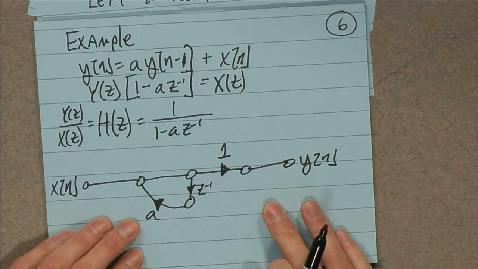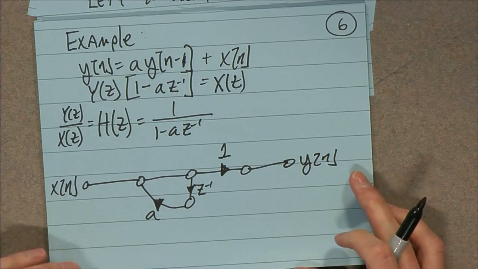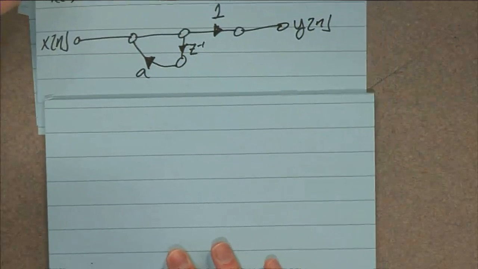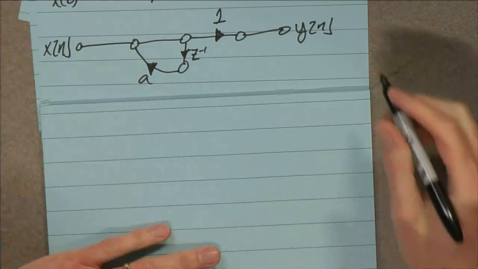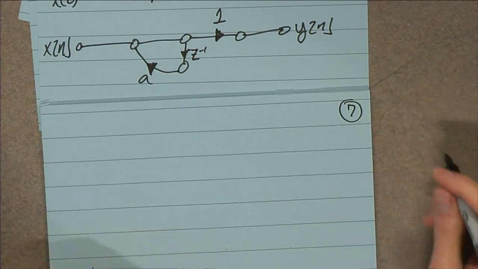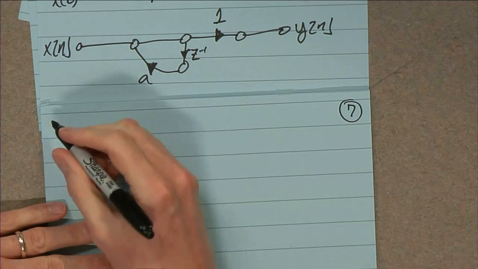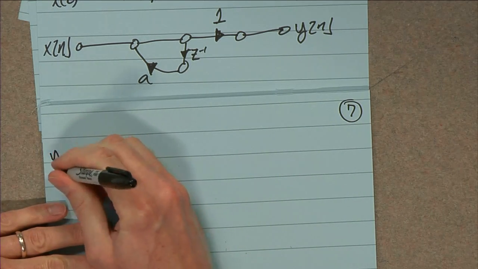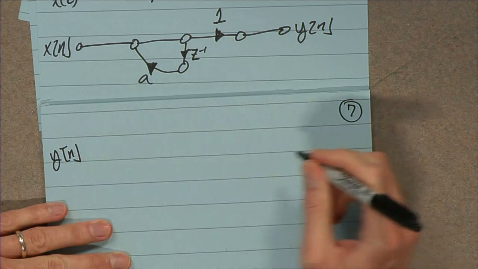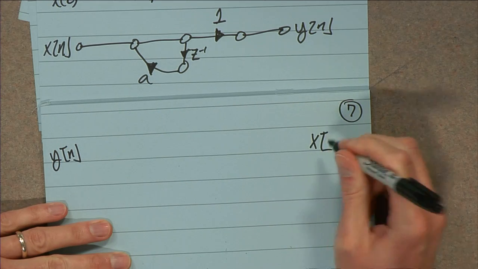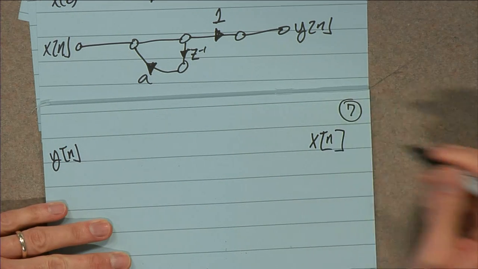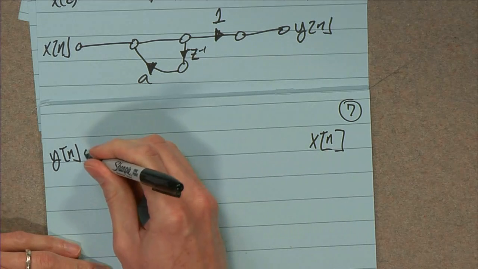So now we'll take this and apply our 3 steps and see what it looks like. Kind of give you a feel for what happens here. So the first step is to reverse all the branch directions and swap the source with the sink. So I can do that. X of n becomes y of n, and y of n becomes x of n. So first part done.